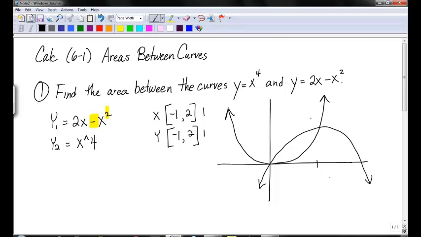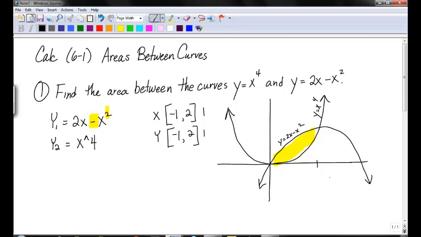So I would label this one y equals x to the fourth, and this one y equals 2x minus x squared, so it opens down. Now what we're trying to find is what's this area in between?